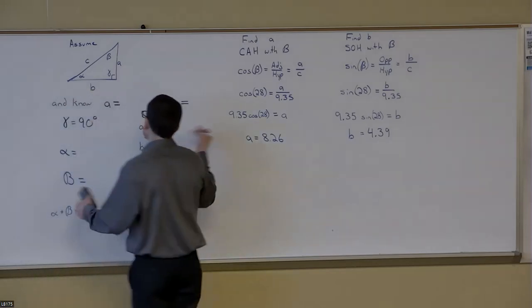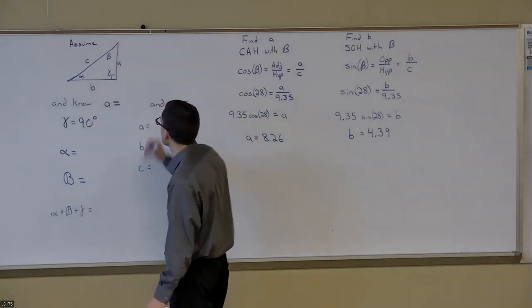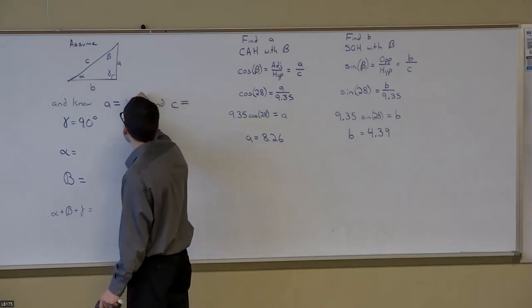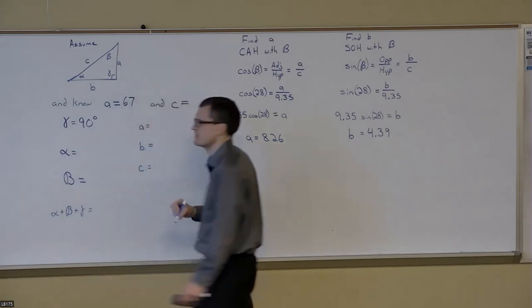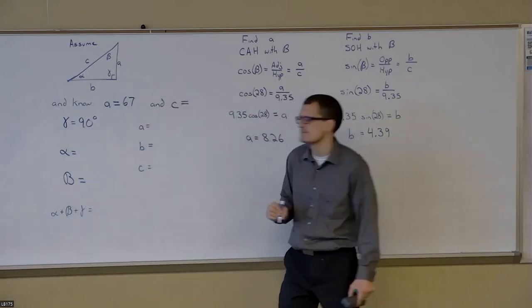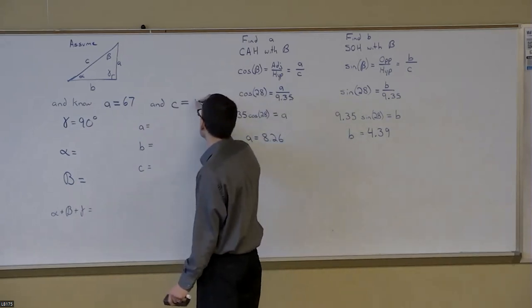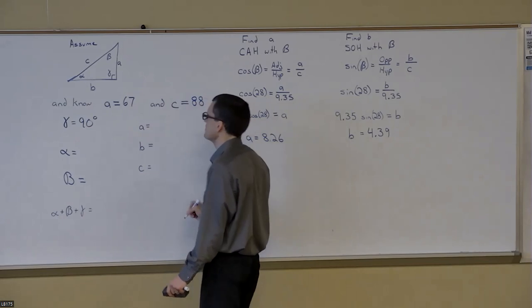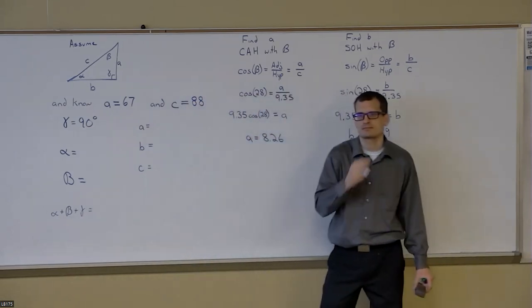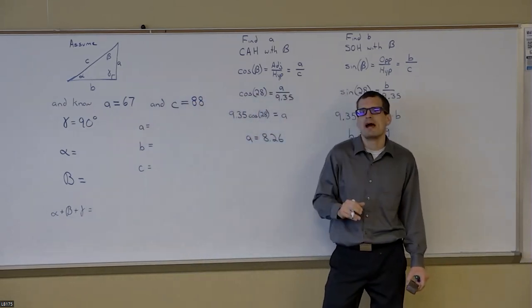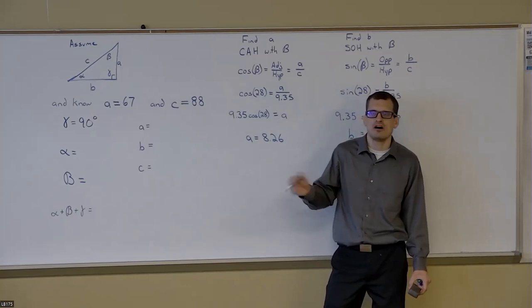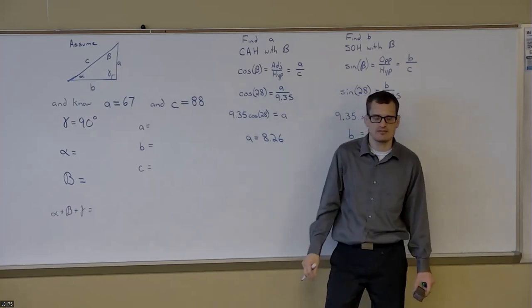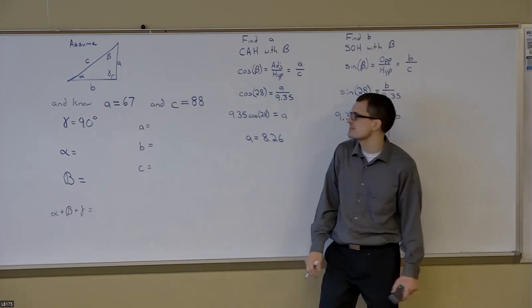Let's say we got the a and the c. Let's say that a is 67, whatever units we're talking about, and the c is 88 units. I want to solve this right triangle, find all the other measurements.